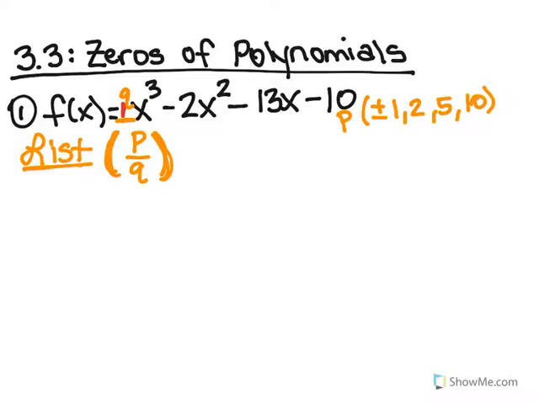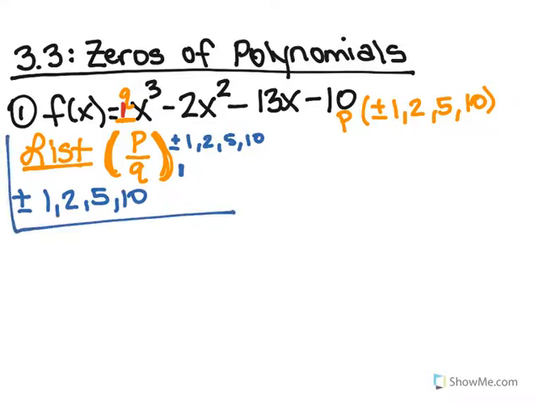So if I'm making this list, I would put all of my P's, each one of these numbers, 1, 2, 5, and 10, positive and negative, on top of each one of my Q's. Well, in this instance, all I have is a 1 for the Q's, and for my P's, I have a very small list as well, 1, 2, 5, and 10. So technically, your list is nothing but positive, negative, 1, 2, 5, and 10.